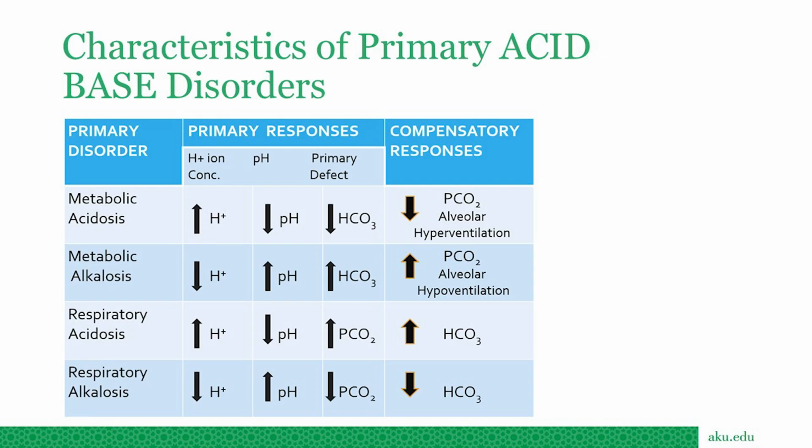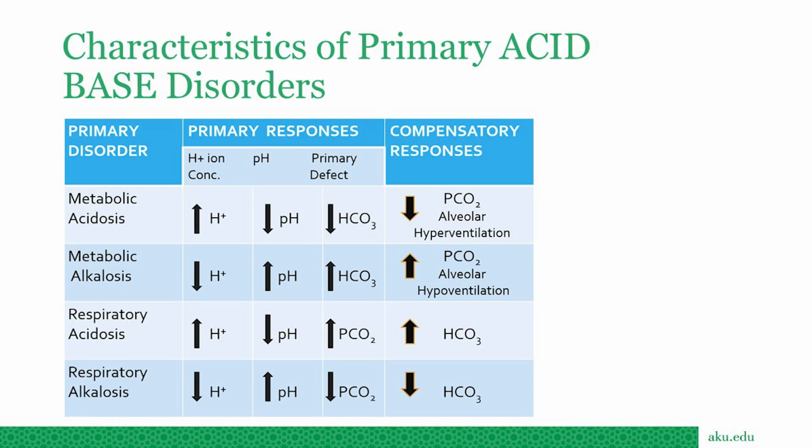How does the body compensate? It decreases the PCO2 by alveolar hyperventilation. Similarly, in metabolic alkalosis, the pH is increasing and the hydrogen ion is decreasing. The primary defect is an increase in bicarb and the body compensates by increasing the carbon dioxide level by hypoventilation.